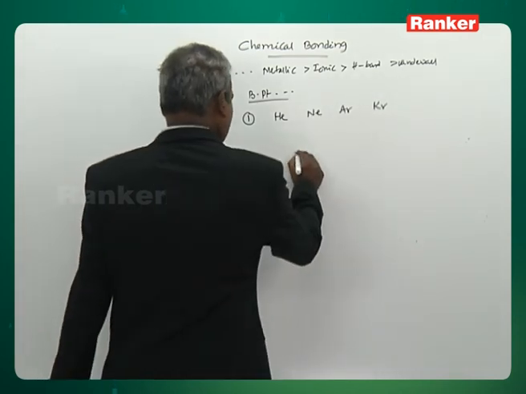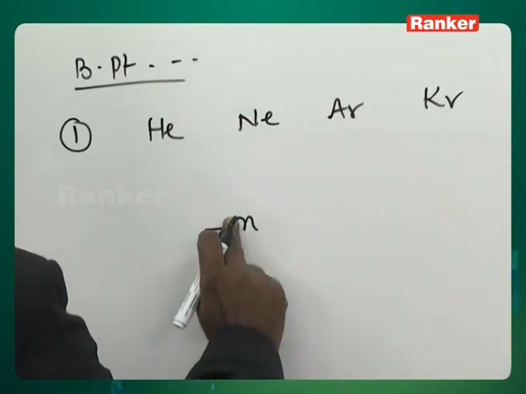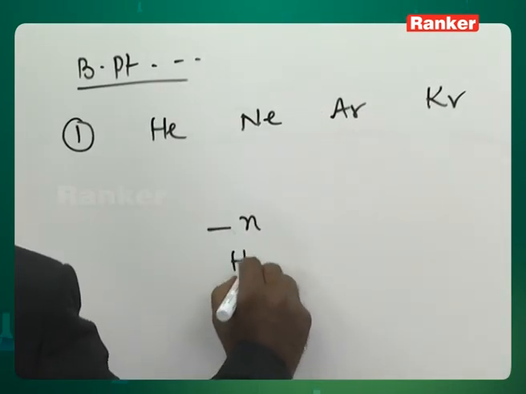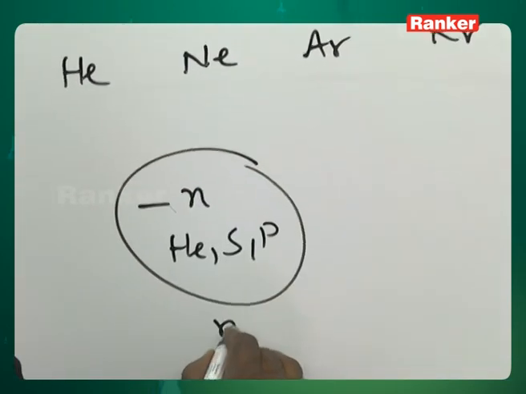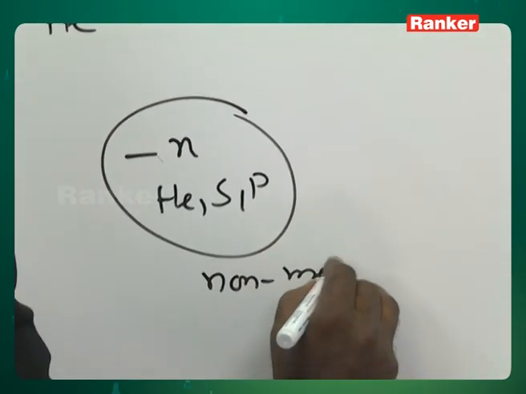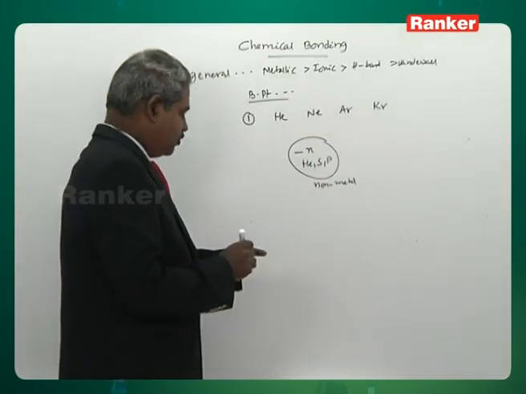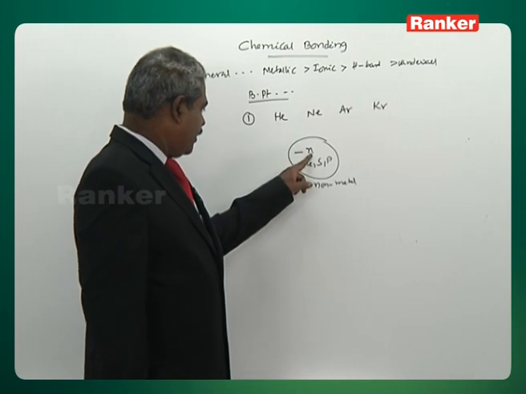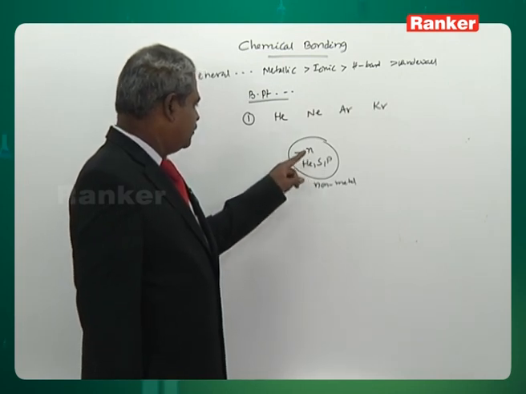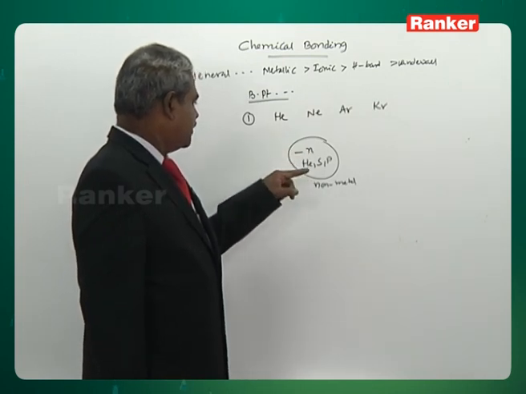All names with a sound ending in N. Helium, sulfur, phosphorus. These are non-metals. All names with sounds ending in N, like fluorine, chlorine, bromine, iodine, oxygen, sulfur, like that.